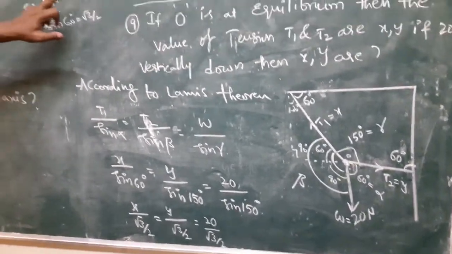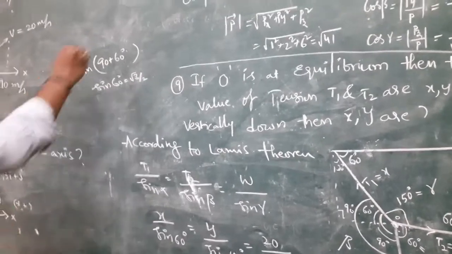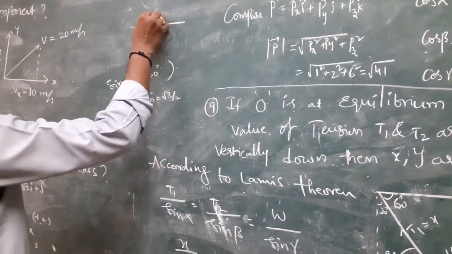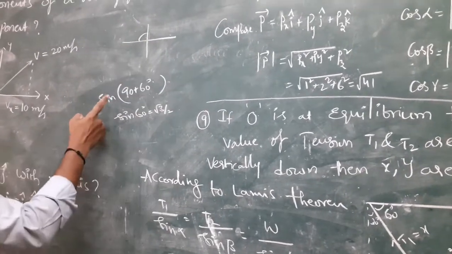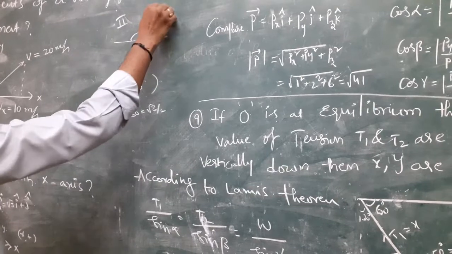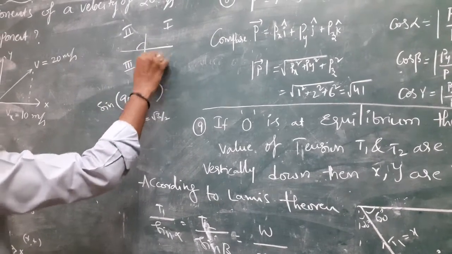Sine of 90 plus 60, in which quadrant is it? Sine 90 plus theta is in the second quadrant, and the first quadrant. These are the third and fourth quadrants.